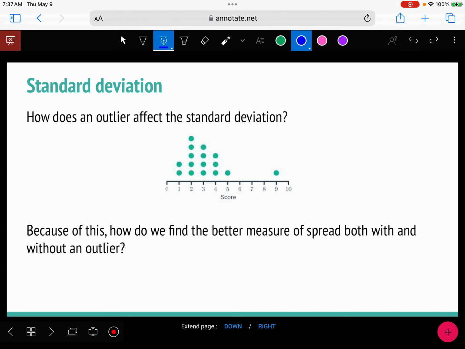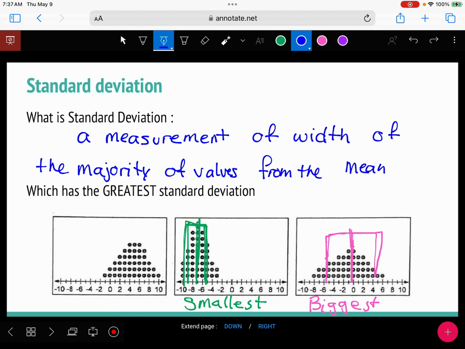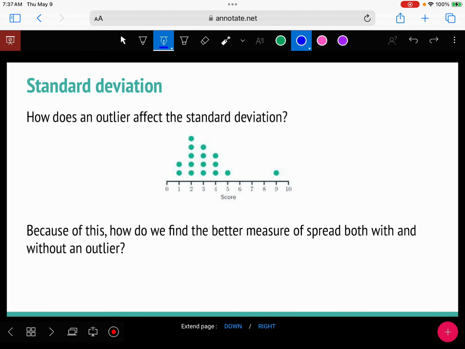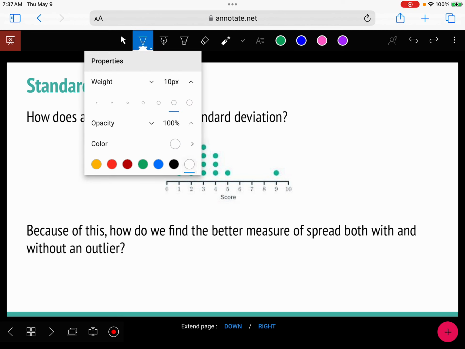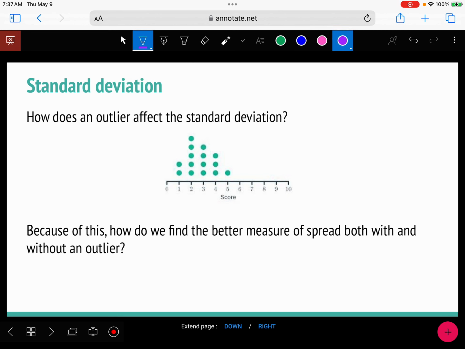So if I didn't have this outlier, my mean would be somewhere around here, and my standard deviation would look like this. I would get most of them this way. But since we do have that outlier, my mean gets pulled over this way. And so my standard deviation gets a lot bigger.